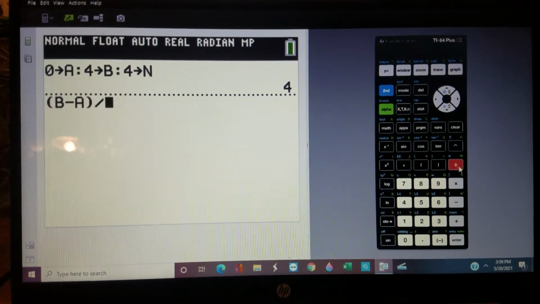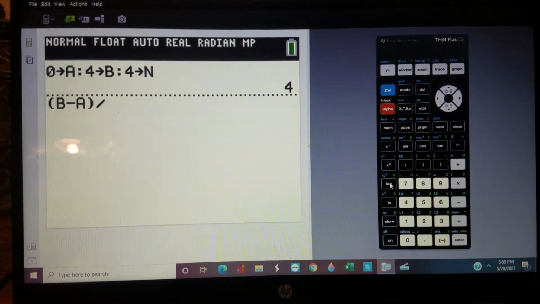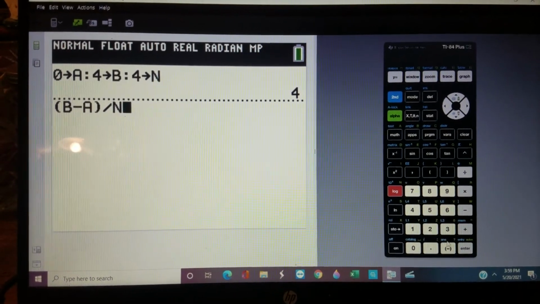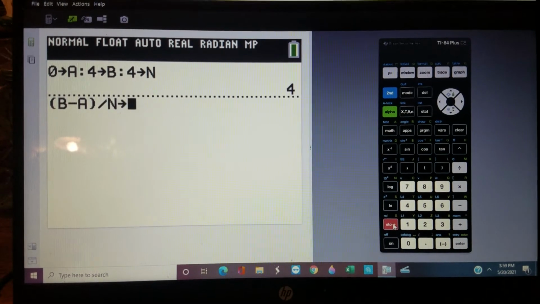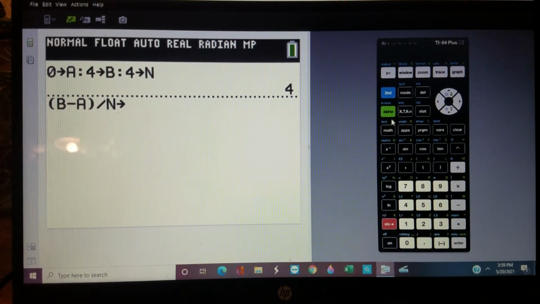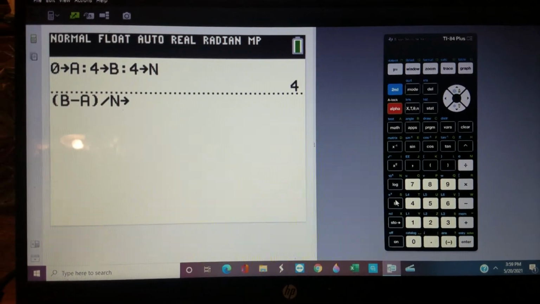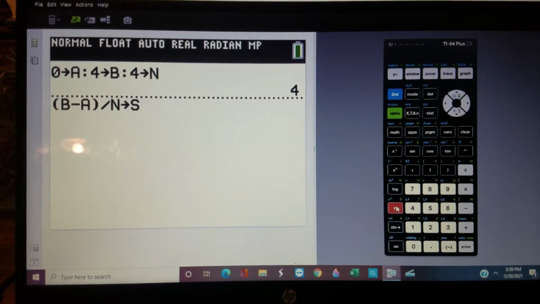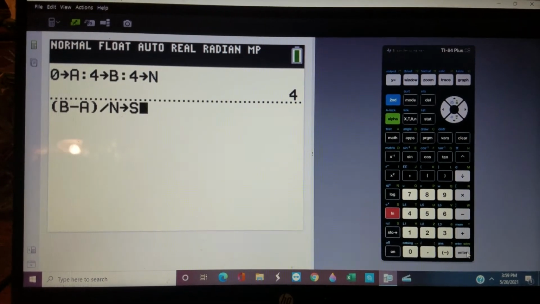Divide that by the number of rectangles. And before I hit enter, I'm going to store this at the letter S for step. And you'll see in about 10 seconds why I'm using this letter.